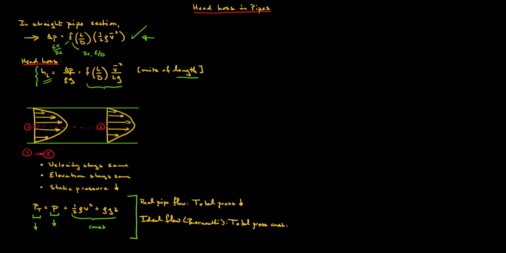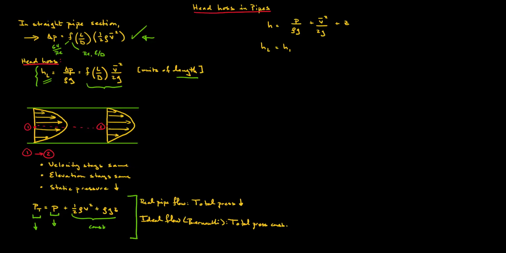So what we call the head is similar to the total pressure. So the head is given by P over rho g plus V squared over 2g plus Z. And the head loss is what we see between 2 points.